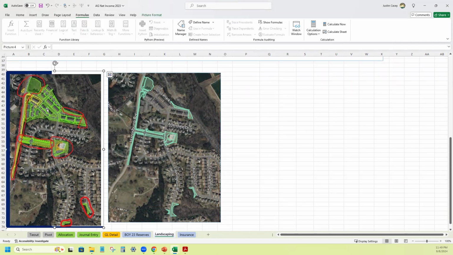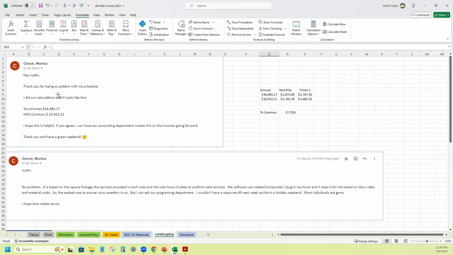And then what Yellowstone did is they took the service map and clicked around in it and highlighted the areas that are common areas. And so here are the common areas in the community, as agreed upon in the August 19th meeting. And the cost to service those common areas versus the townhome areas, as a matter of our total service cost.